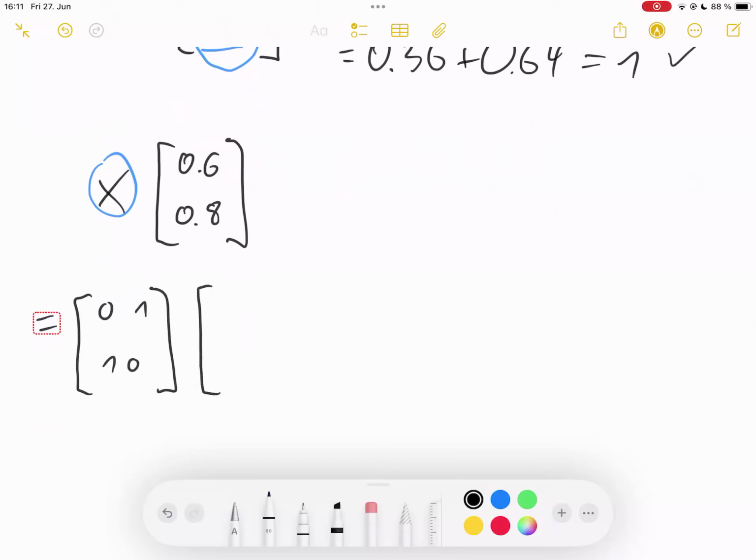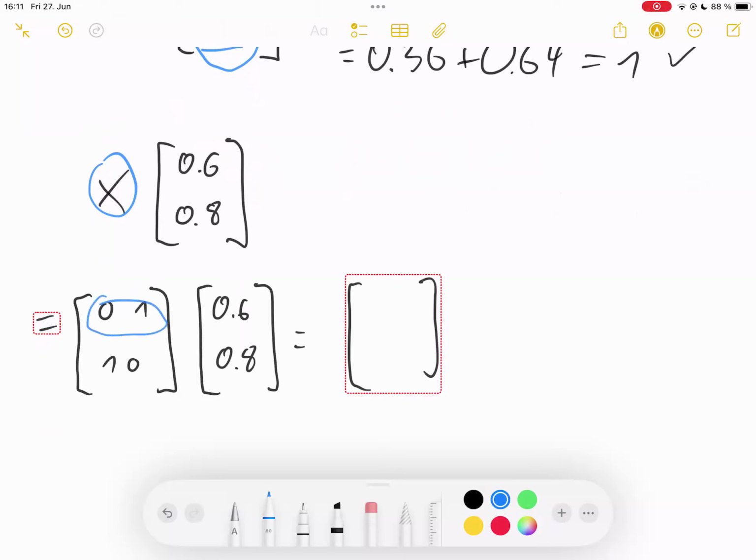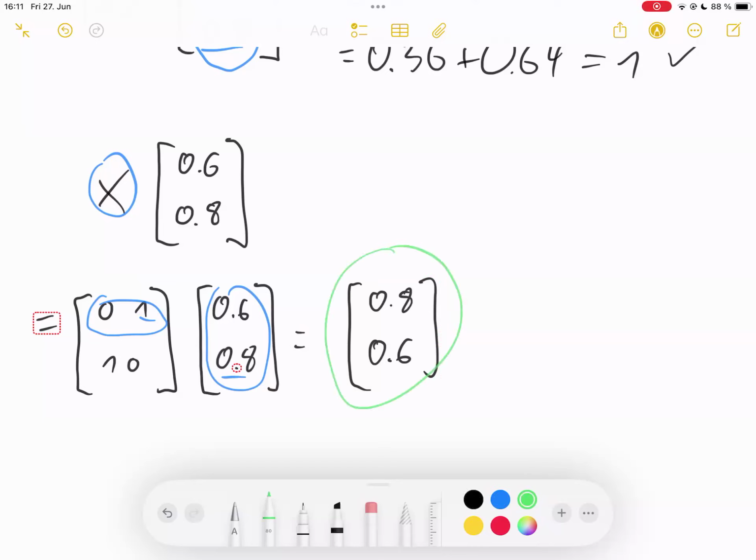Then multiply from the right my vector 0.6 and 0.8. Then what I get is eventually, so I have this row and this column. Eventually it will be a match for these two. So it will be 0.8 and 0.6 will be the second component. So what I see is I have just flipped these two complex probability amplitudes, and that's what the NOT gate does.